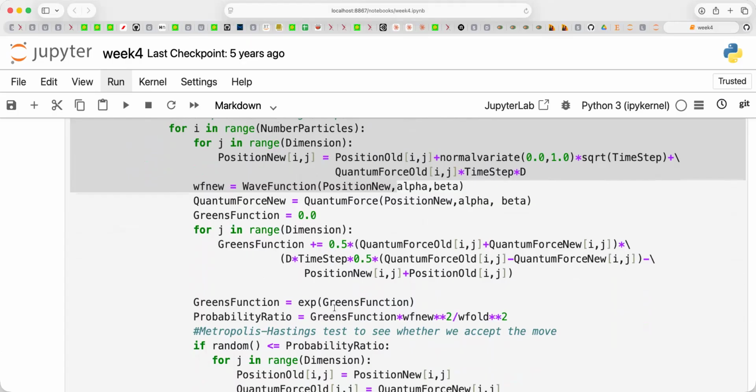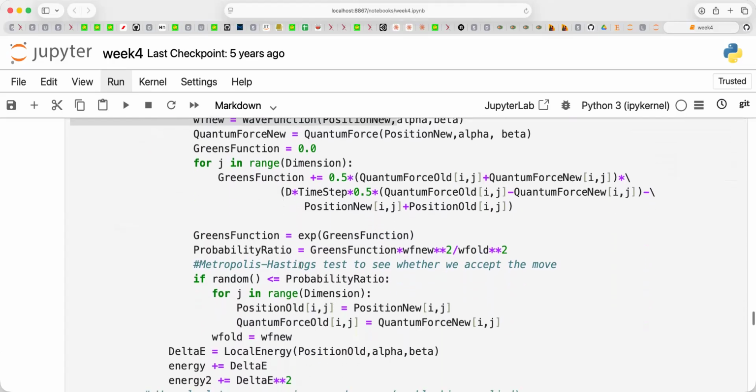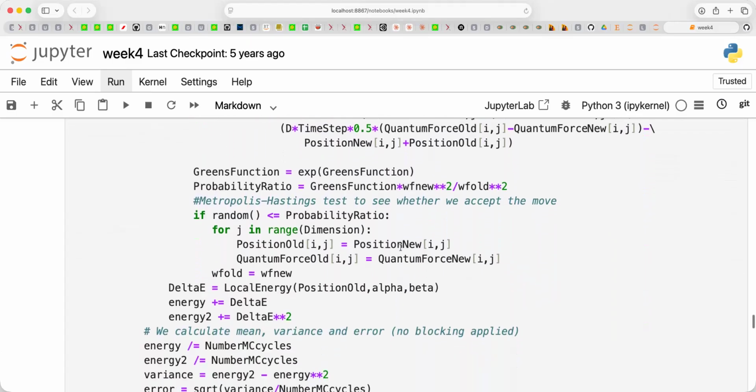I calculate the exponential. And then I set up the probability ratio, which is the wave function squared, the new one divided by the old one. This is the old Metropolis test. But now I have a probability of making a jump from x to y in a time step delta t. So delta t becomes a variable, as we mentioned last time.